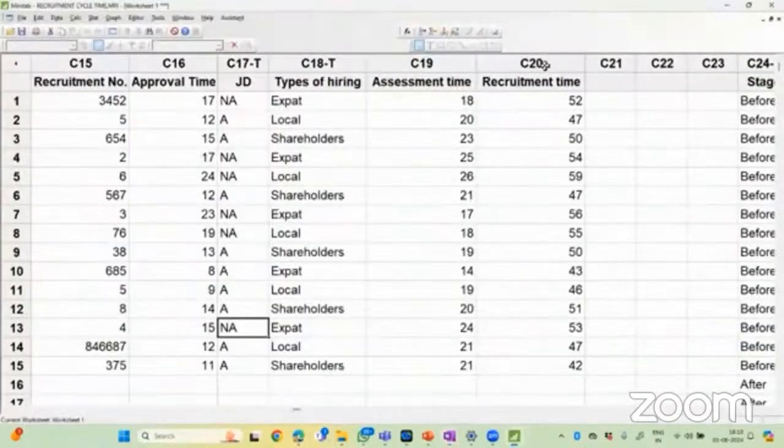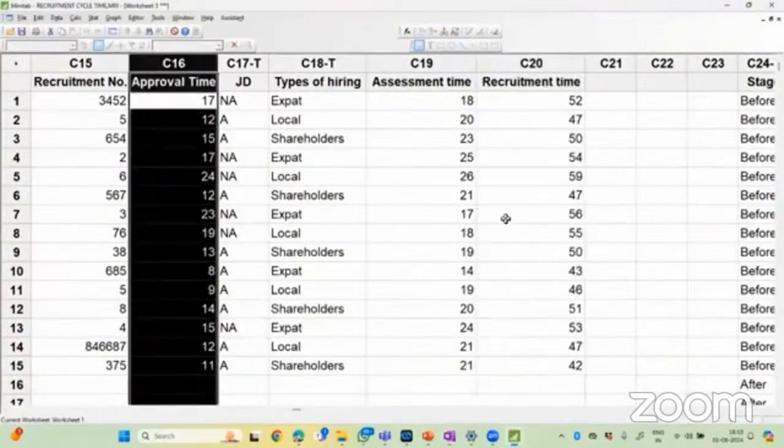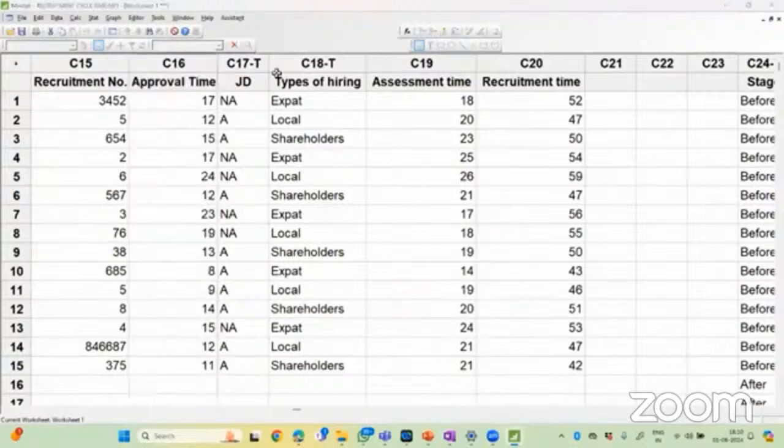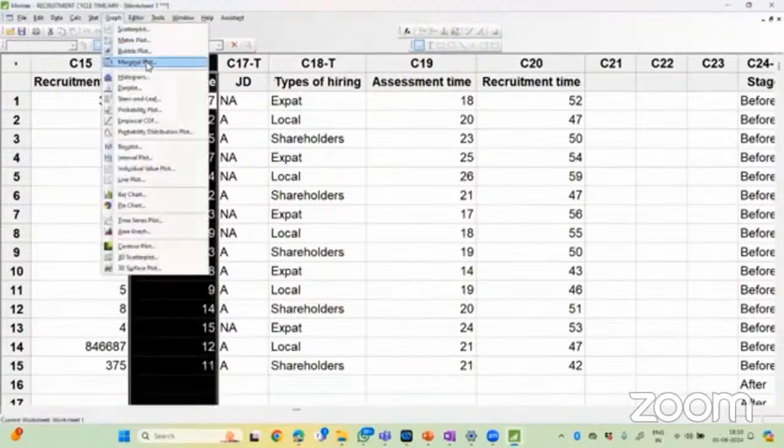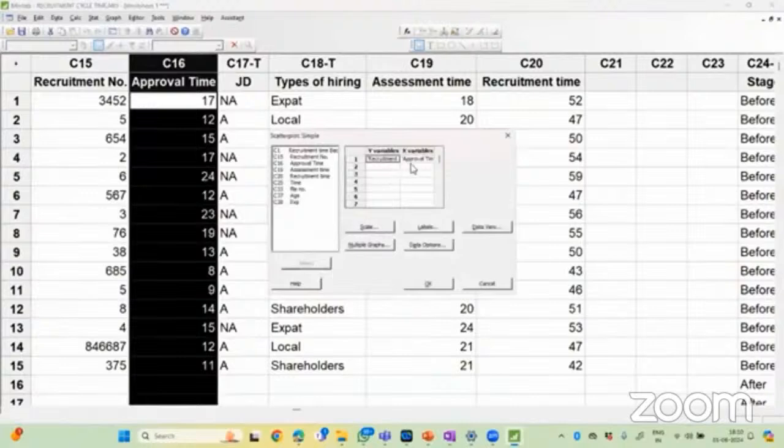First, let us investigate. Is the recruitment time affected by the approval time? Now, both are continuous data, isn't it? So I will do a scatter plot. Recruitment time and approval time.